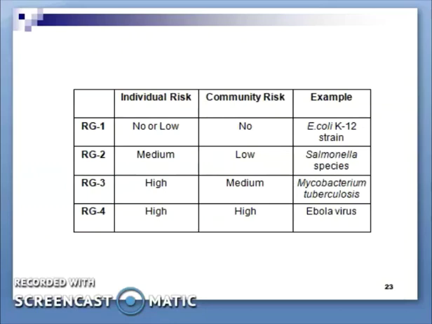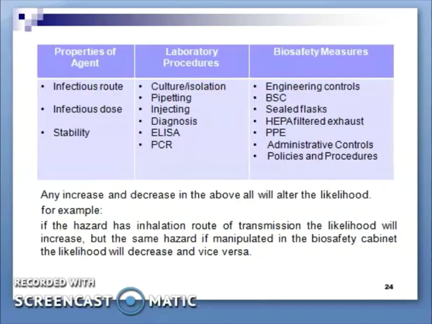Agent risk group: first, we have to know the risk group to understand the transmission, the pathogenicity level and the virulence of the pathogen. Then, as I told you, to evaluate the hazard, we consider the properties of the agent, laboratory procedures, and mitigation or biosafety measures.